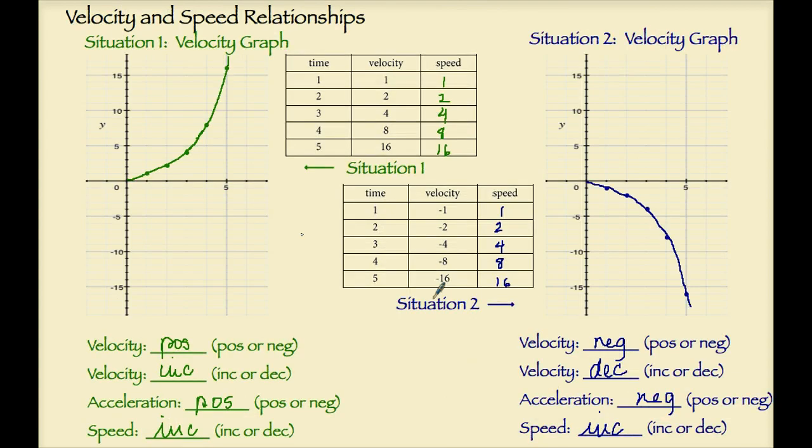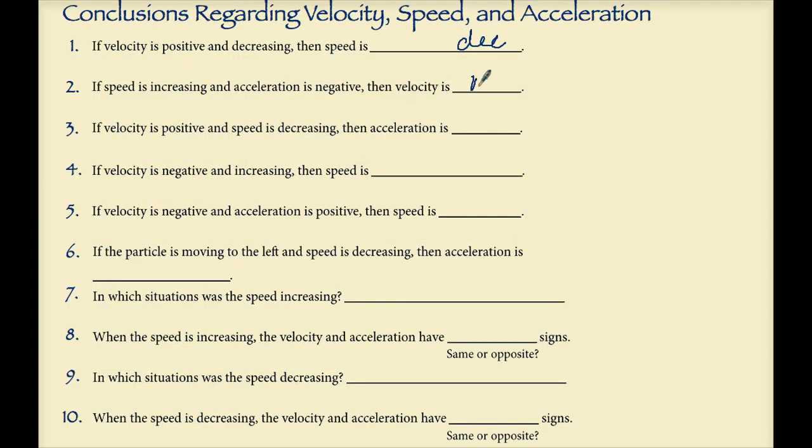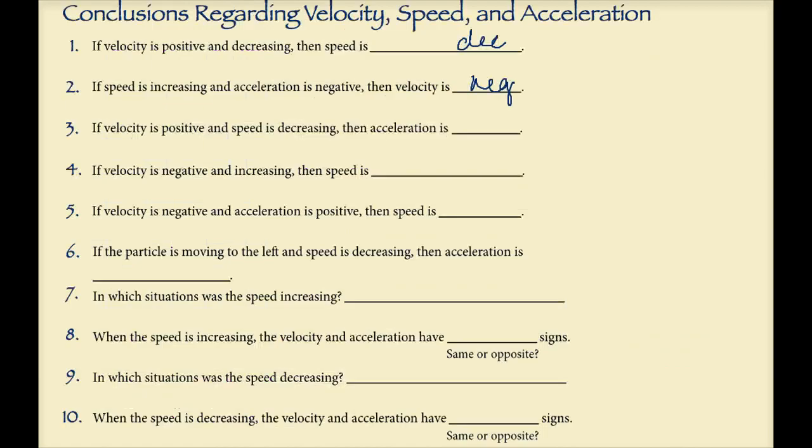That was situation 2. Speed increasing, acceleration negative, velocity was negative. If velocity is positive and speed is decreasing, what was acceleration? That was situation 4. Velocity positive, speed decreasing, acceleration is negative.